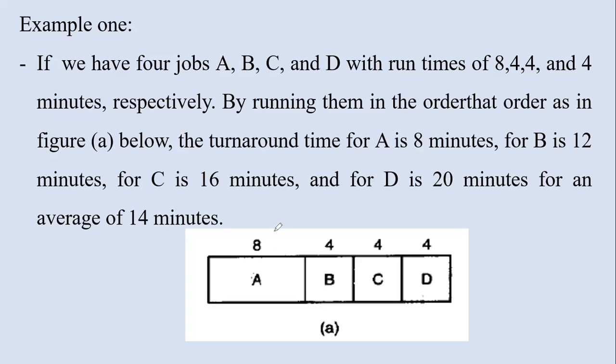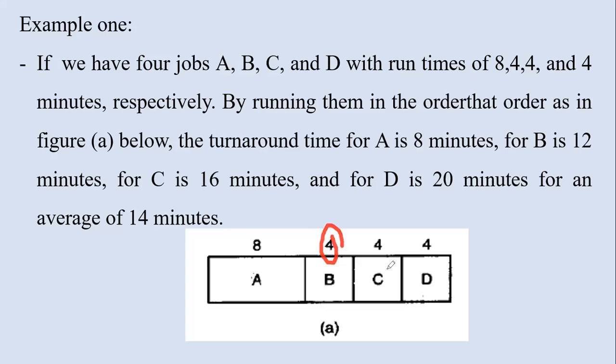In other words, if processes A, B, C, and D were to be processed according to their order of arrival, that is first come, first served, then process A will take a duration of 8 minutes. Then process B, which takes 4 minutes, will complete being executed at time 8 plus 4, which is 12.